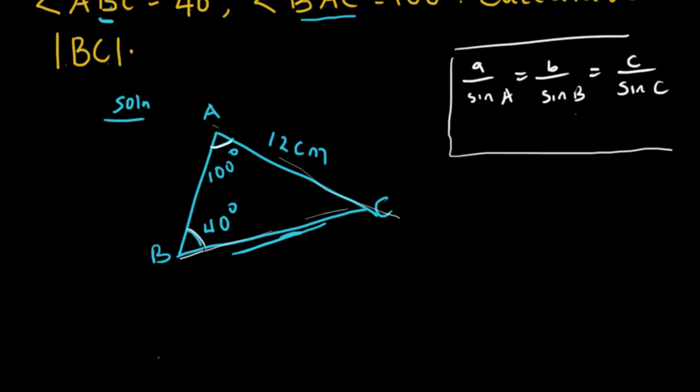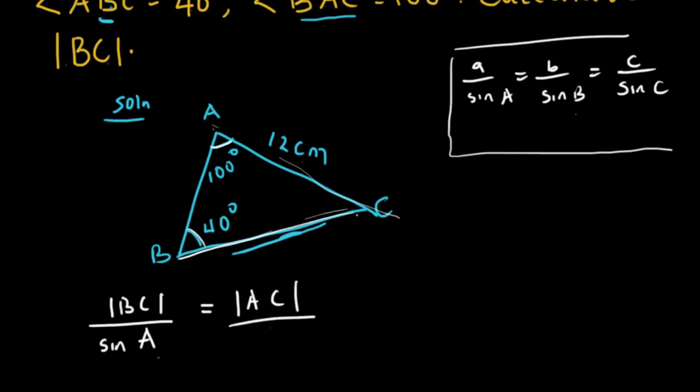So we have line BC all over, what angle is it facing? A. So we have sine A, equals line AC, which is the side we are given, over sine B. Side over the angle it is facing equals side over the angle it is facing.